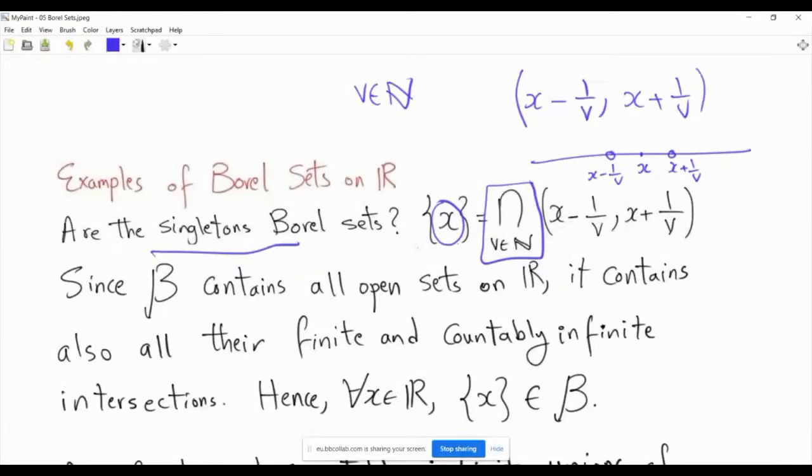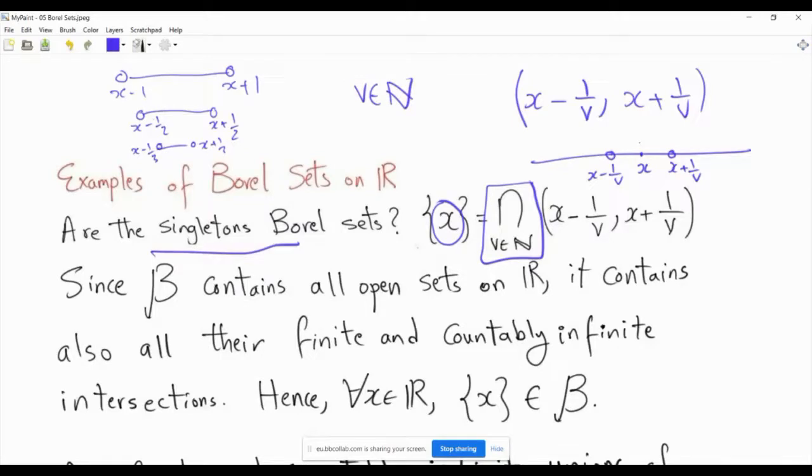Note the following: there is one interval from x minus 1 to x plus 1, then one from x minus 1/2 to x plus 1/2, then one from x minus 1/3 to x plus 1/3, and so on. So x is the midpoint of all of those intervals, for every v that is a natural number.